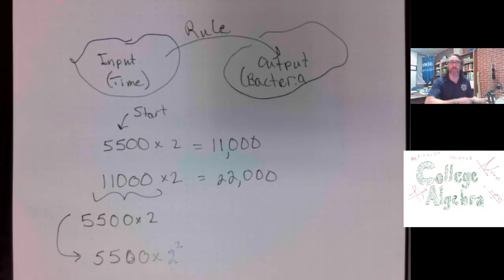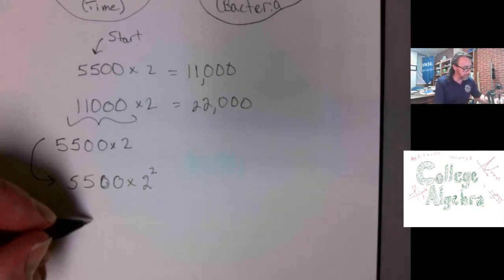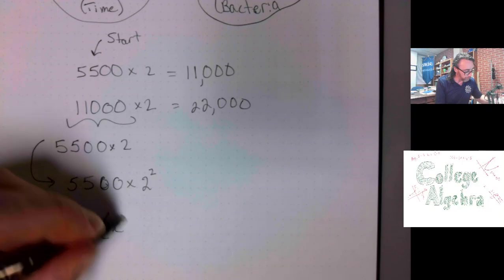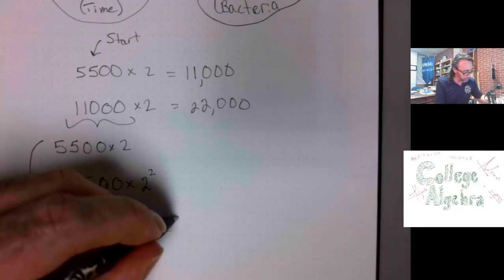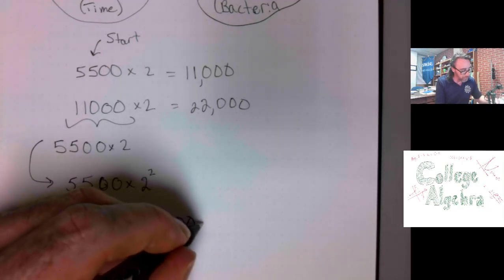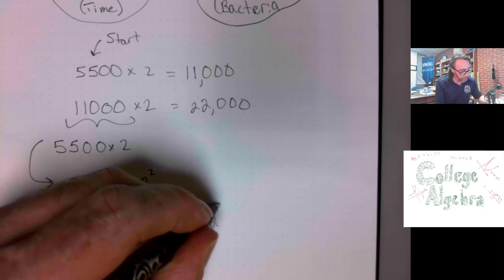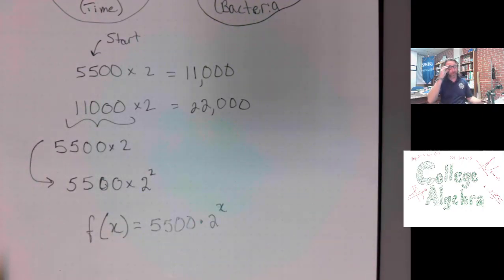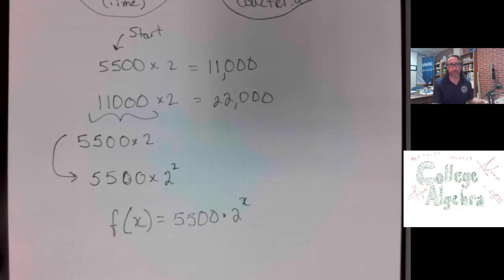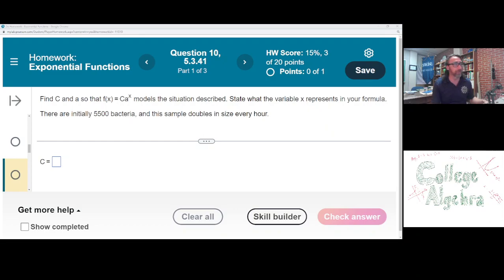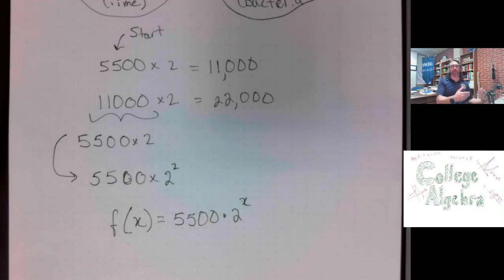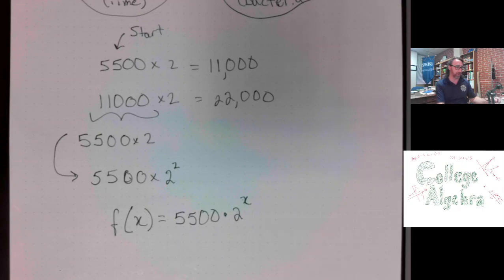You multiply by 2 and then you multiply by 2 again. And then for the third hour, you multiply by 2 3 times. So here's my function. f of x equals 5,500 times 2 to the x. Your starting amount always goes out front. The base of your exponential is determined by what's happening for every unit of time. And in this problem, the sample doubles in size every hour, so it makes sense that we're using an exponential function base 2 in this scenario.